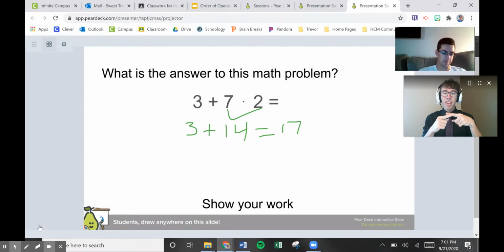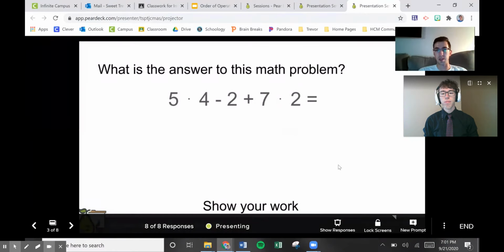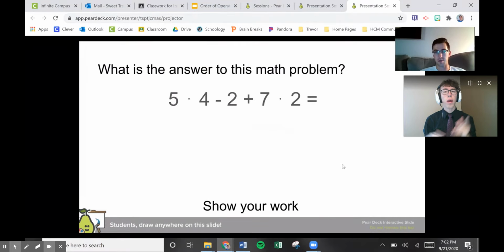Okay. Let me show you another one. This one is a little more complicated, but it works the same exact way. Multiplication and division first. Well, there's some multiplication right here. So 5 times 4 is 20. And then we also have it over here, which is 7 times 2, which is also 14.